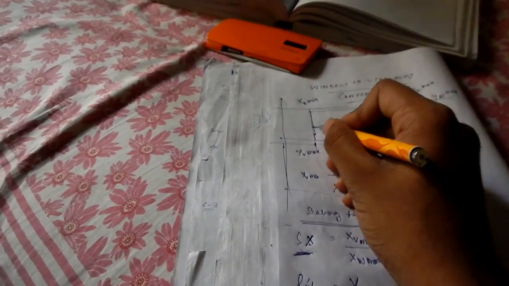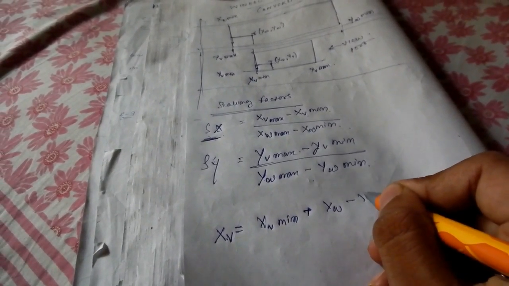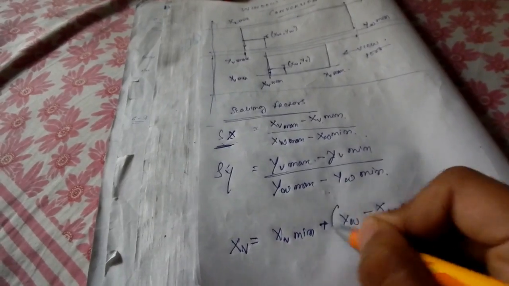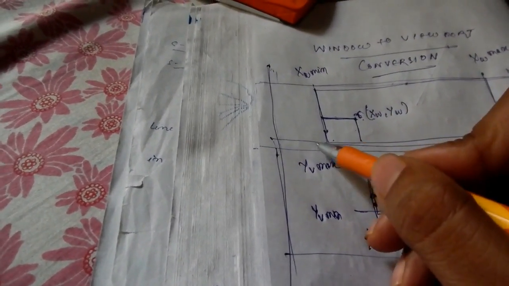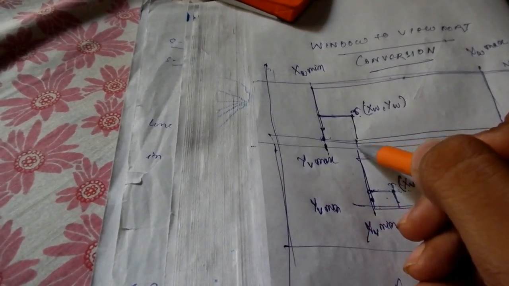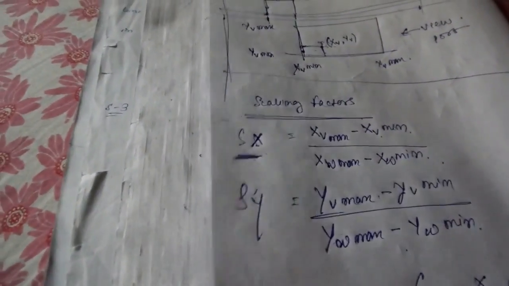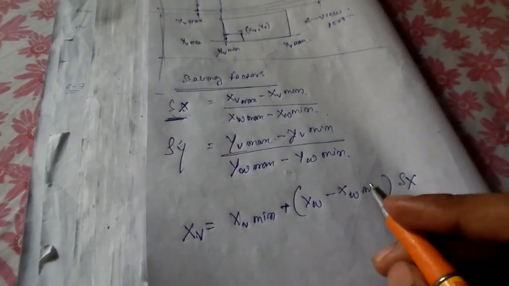This distance is nothing but xw minus xw min, because this is xw min and this is xw, multiplied with the scaling factor Sx for x coordinates.